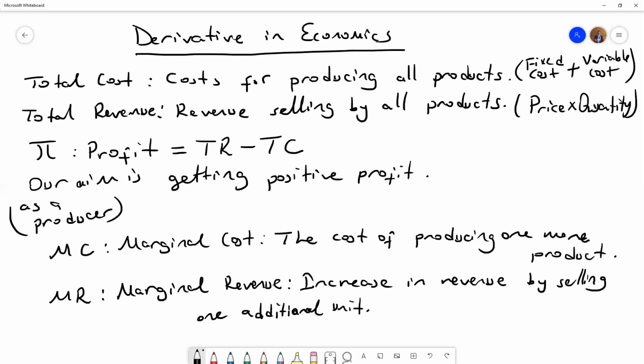If we sell one additional unit, we can find our marginal revenue. And if you want to find the marginal cost, we can easily find the cost of producing one more unit or one more product, you may say.